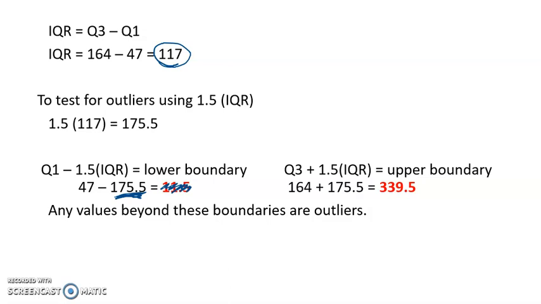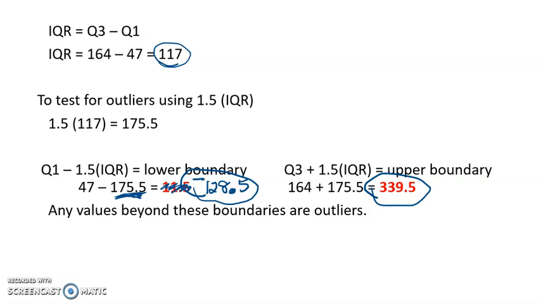That really should have been negative 128.5. And so our question is, if any values fall beyond these boundaries, this negative 128.5 and this 339.5, if any of our data is beyond that, then they are outliers.